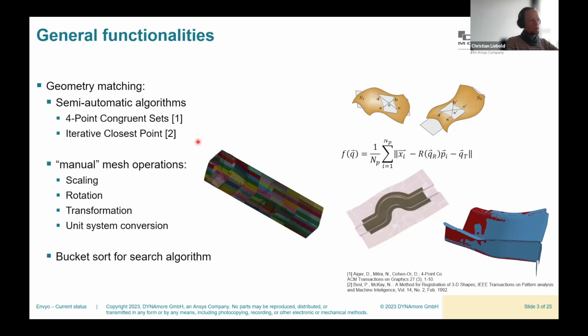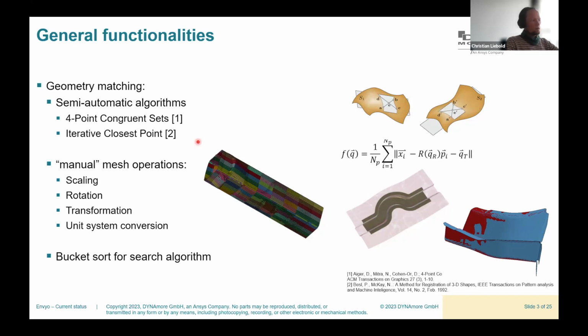So the user can define a subset of nodes which they want to match on the source and target side, and then it's a minimization problem which is being solved to get the geometries matched before the data transfer is applied.